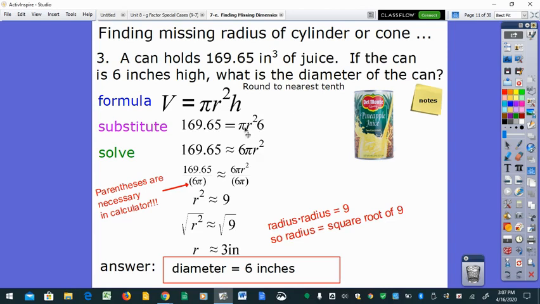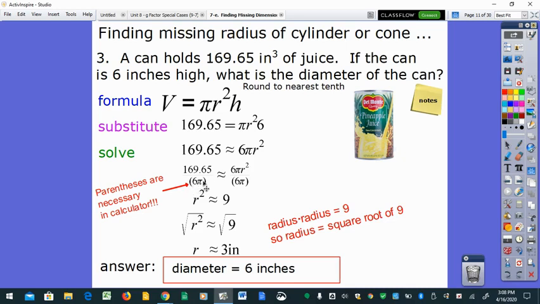Again, commutative property of multiplication, I can change the order, and 6 times pi can come out to the front. I am going to divide both sides by that product. And again, just like the last time, when I go to my calculator, I take 169.65 and divide it by parentheses 6 times pi.